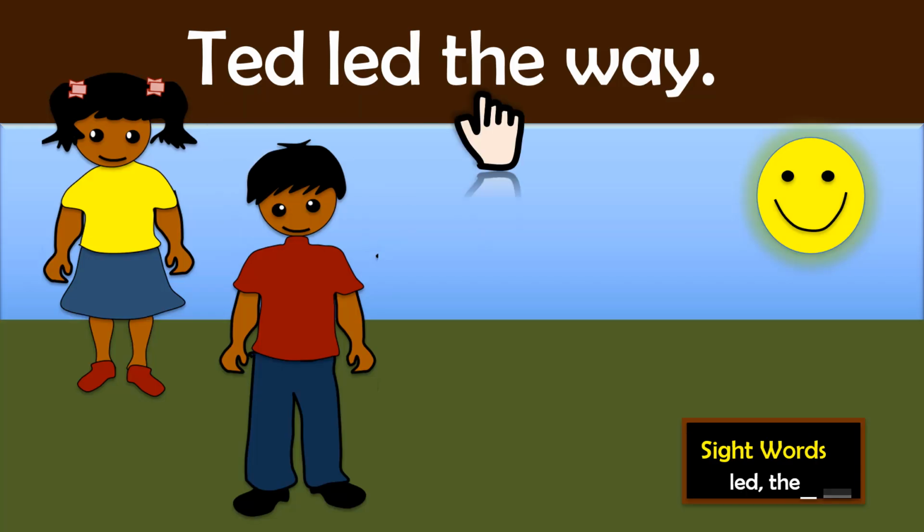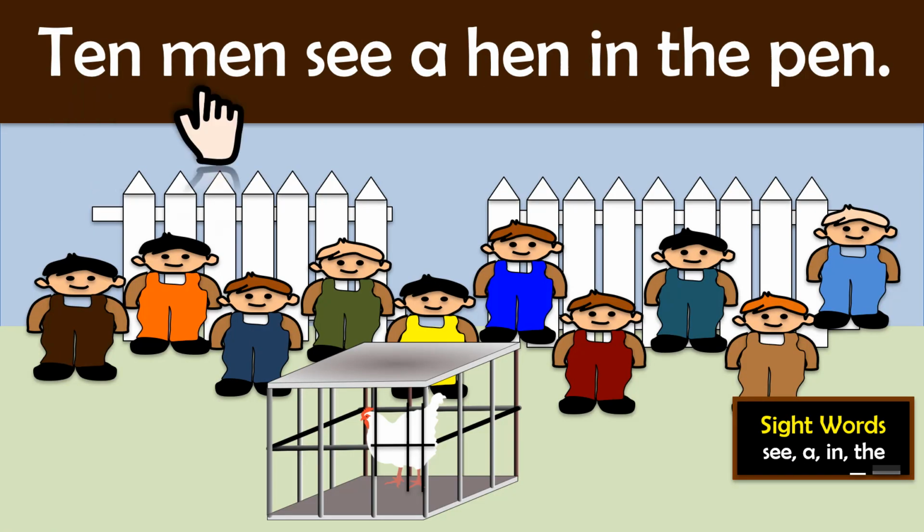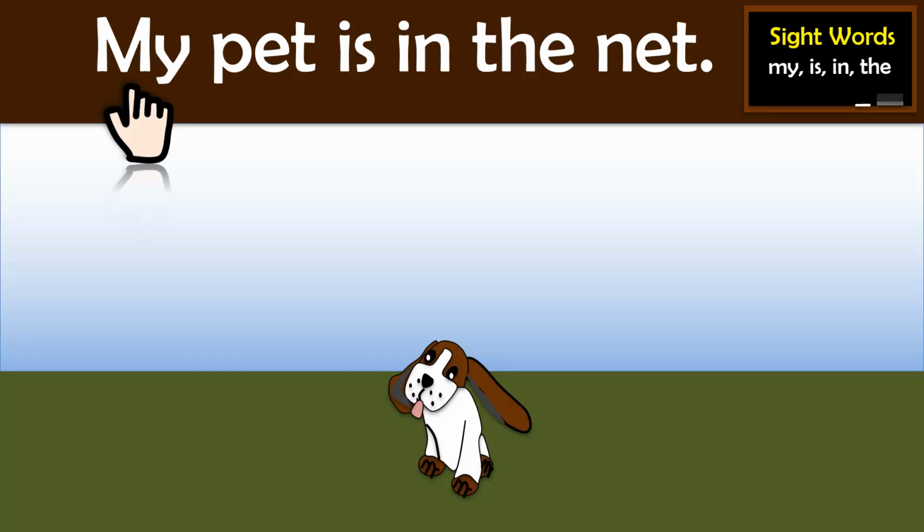Ted led the way. A peg is by the keg. 10 men see a hen in the pen. My pet is in the net.